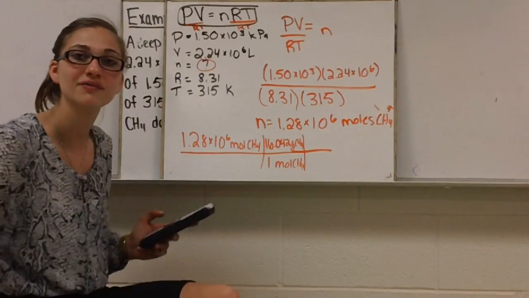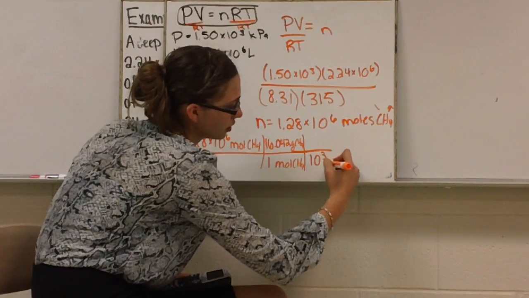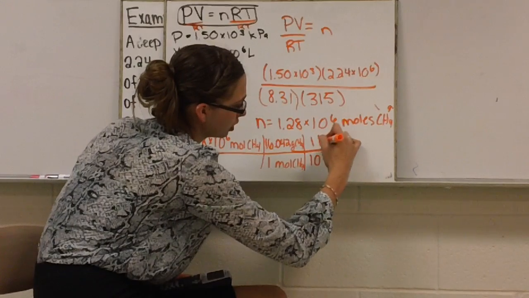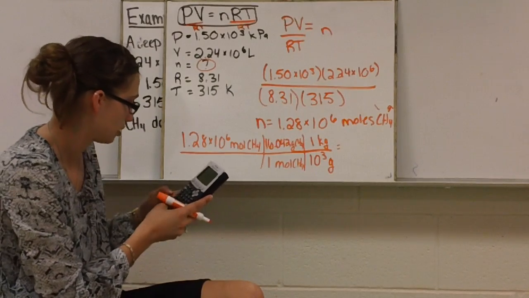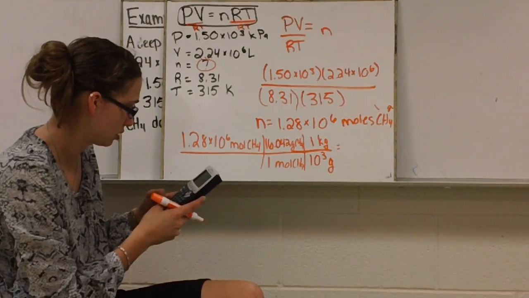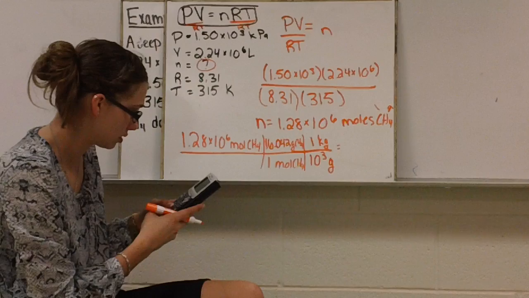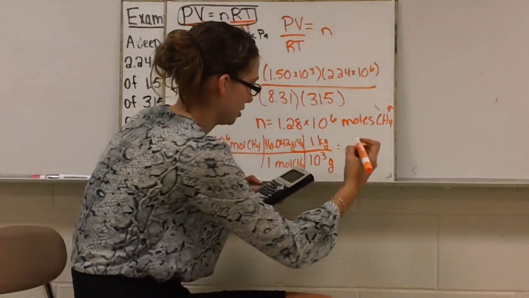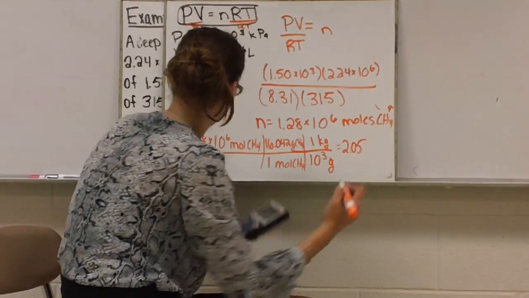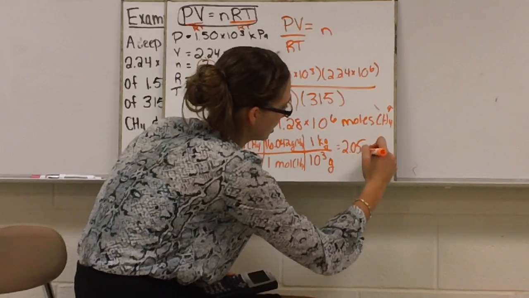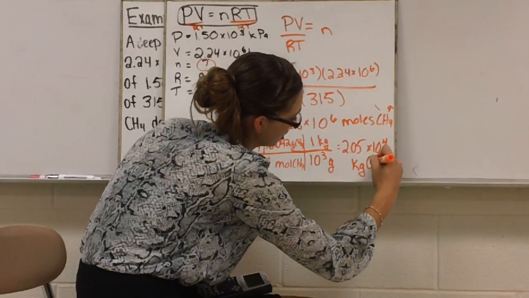Now I'm in grams, and if I want to convert it to kilograms, I'm going to have to divide by 1,000. So that's 10 to the third grams per 1 kilogram. So I do out all this math, and I get 2.05 times 10 to the 4th kilograms of methane.